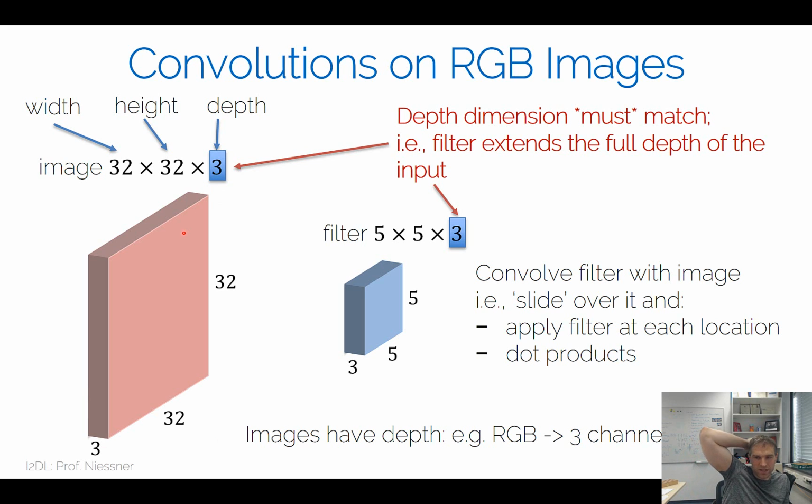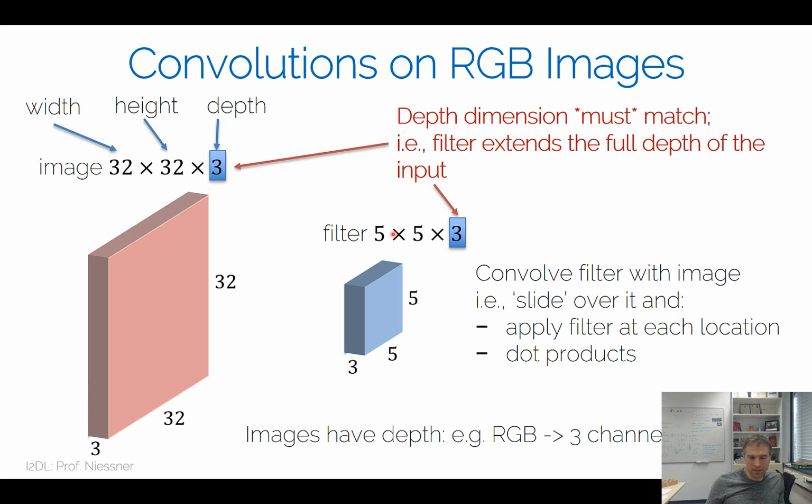And for the most part, we're going to have a depth of 3 in the input, right? Because we're using RGB images. And now what we are doing is our filter is also becoming three-dimensional. So our filter has to make sure that we're not only convolving over the XY location, over the width and the height, but also over the depth respectively. That's what we're doing here right now.